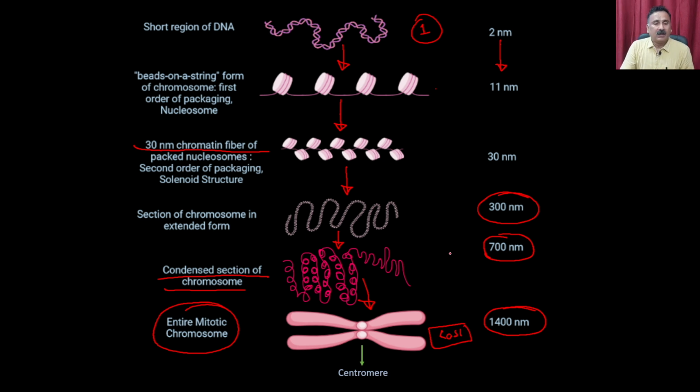Okay, now this is the packaging of the genome in the eukaryotic system, and the genome has a very significant impact on the properties of that particular organism. The bigger the genome you have, the more information you are going to carry, and that's how you are going to have the higher flexibility of modulating that information, and the more properties to handle.